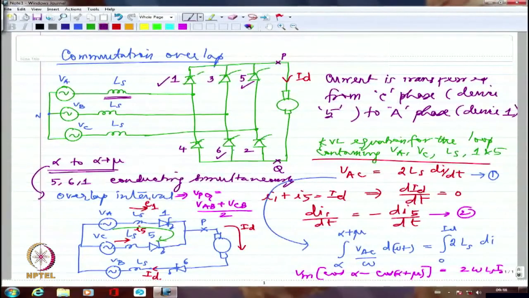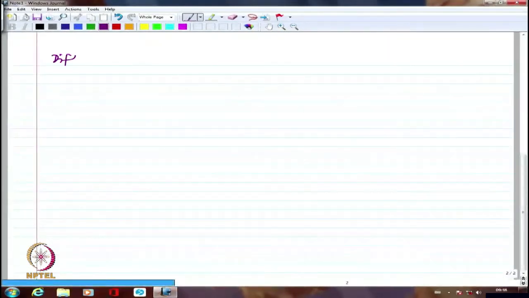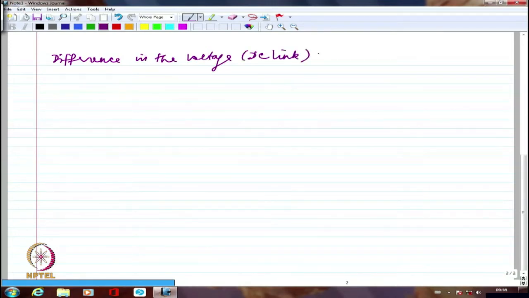So we should say the difference in the DC link voltage when there is overlap and when there is no overlap.